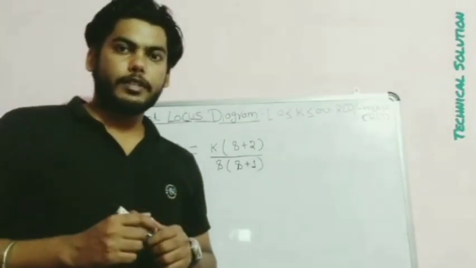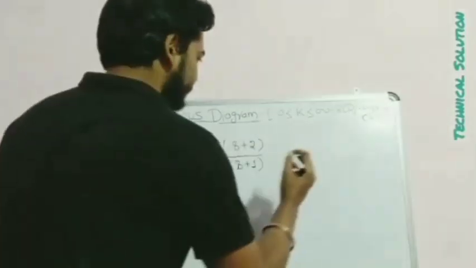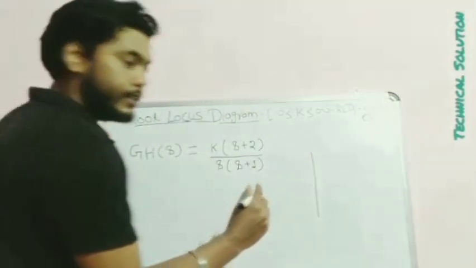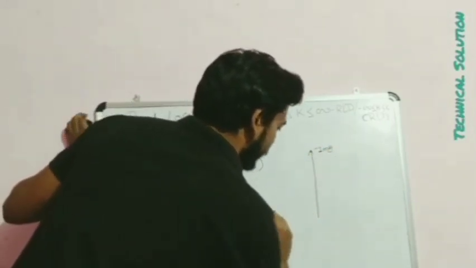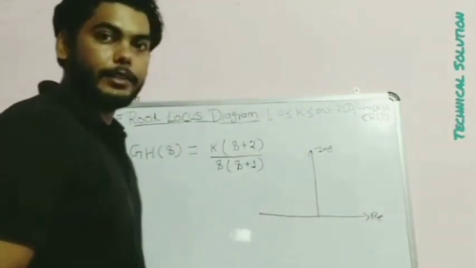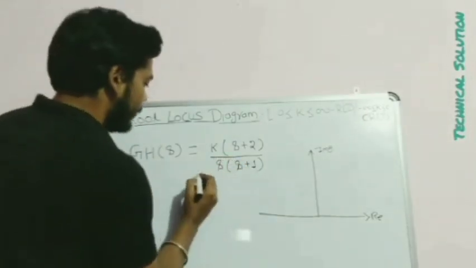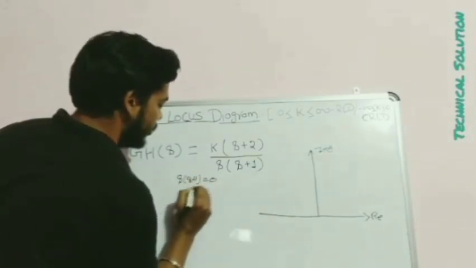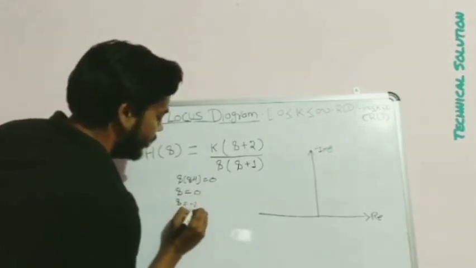If we draw the root locus diagram of the example, first we draw the imaginary axis and the real axis. The number of poles is 2. If we equate s(s+1) to 0, then we get s equal to 0 and s equal to minus 1.